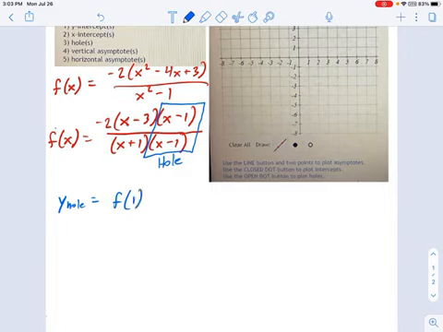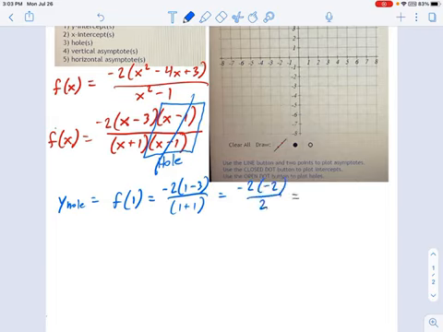So we're going to say negative 2 times (1 minus 3) over (1 plus 1). And of course, we ignore that removable discontinuity right there. So this becomes negative 2 times negative 2 over 2, which is 4 over 2, which is 2.